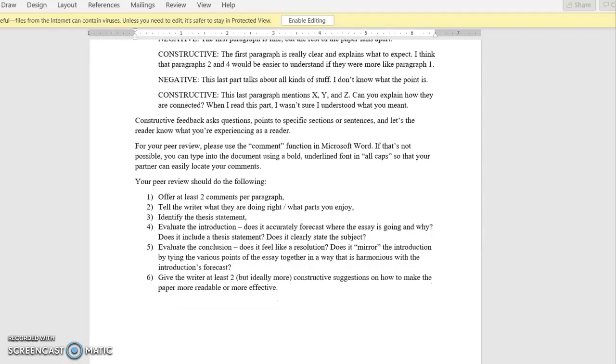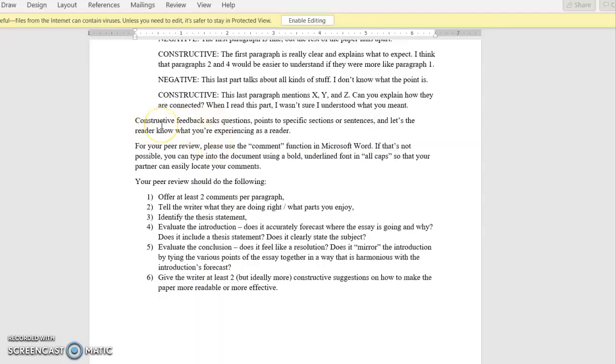So try to use examples, try to be as specific as possible, and try to phrase what you're saying in questions instead of making statements, because invariably those questions will be a little bit more specific, and they're also easier to process as the person who is being reviewed, right?